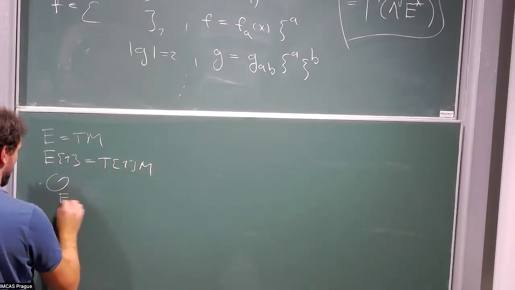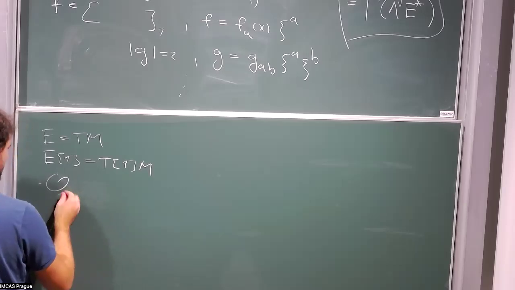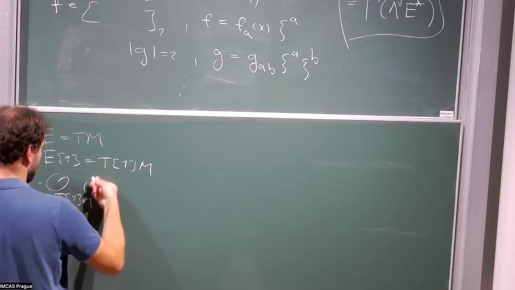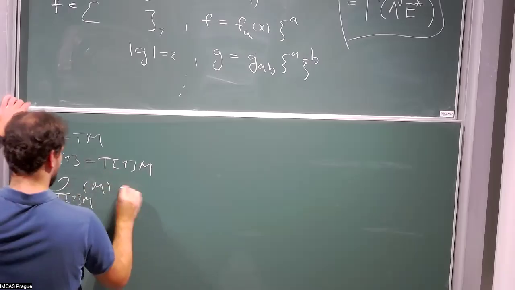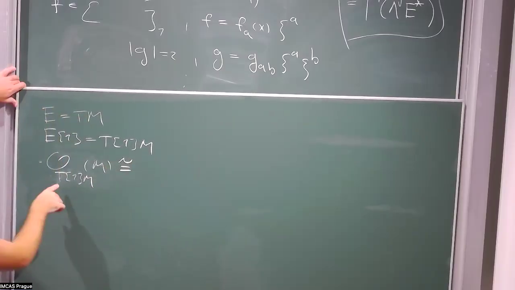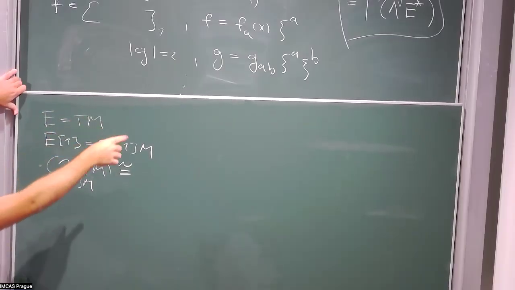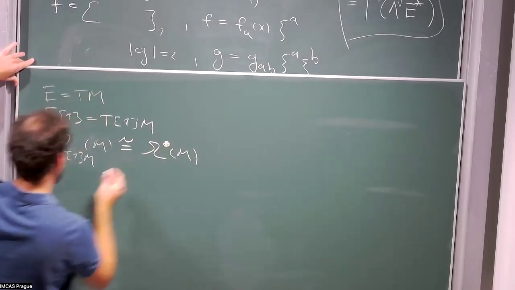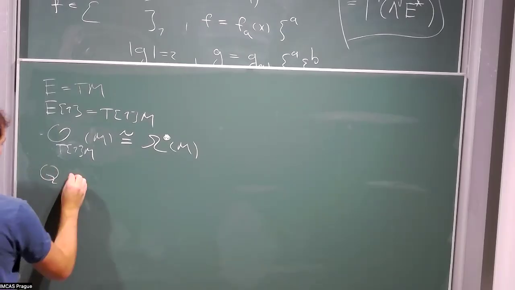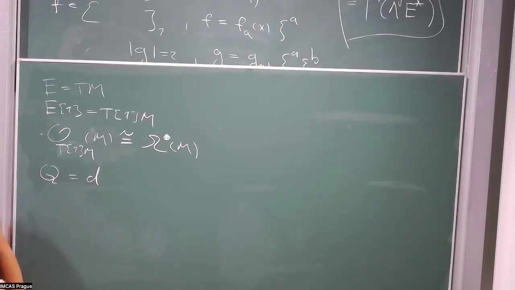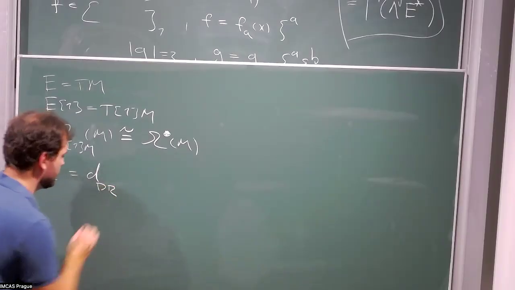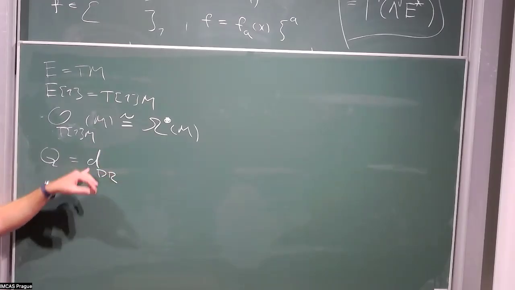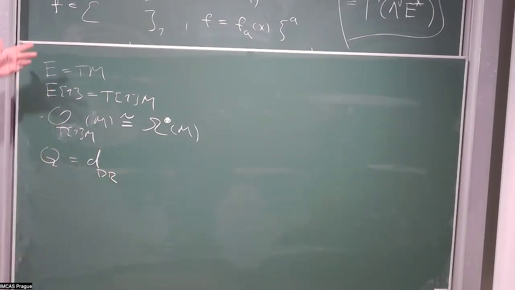The sheaf of functions is then the same thing as the exterior power of the dual, which are differential forms on M. So an example of a Q is just the de Rham differential. So the de Rham differential can be viewed as a vector field on this graded manifold.